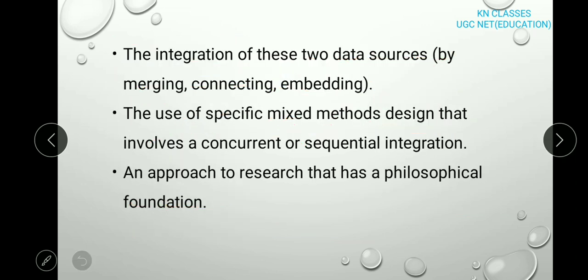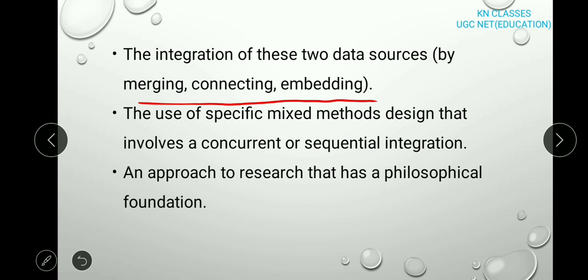Then, the integration of these two data sources by merging, connecting, and embedding.